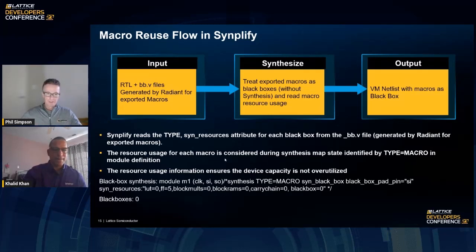When you recompile the design, it will create the VM for the rest of the design. This will reference the black box file, which includes the post place and route macro from the Radiant tool, and then create the appropriate assignments to go back through the Radiant flow, where the Radiant software will place and route using that post place and route macro that you already had in place.